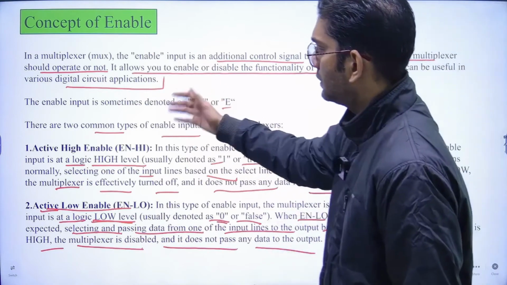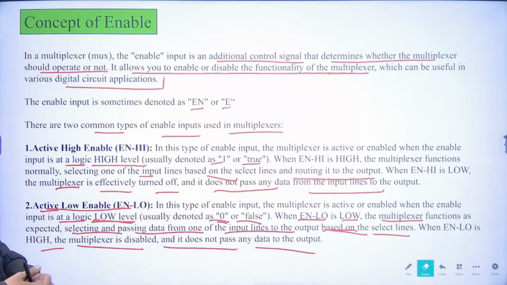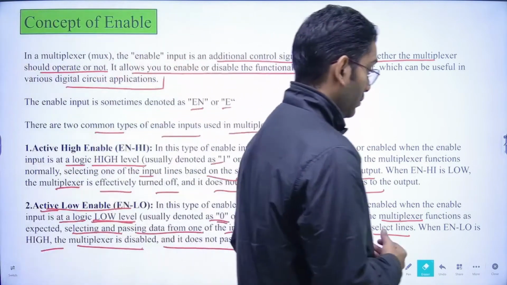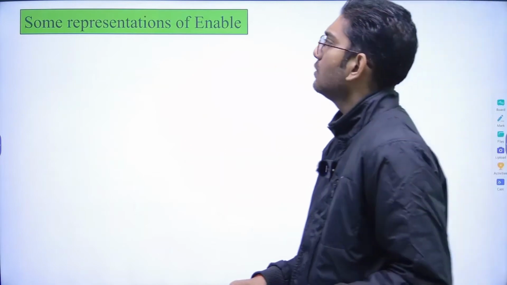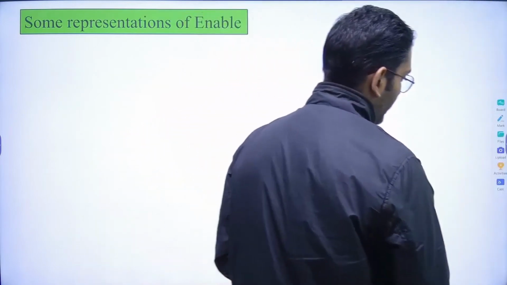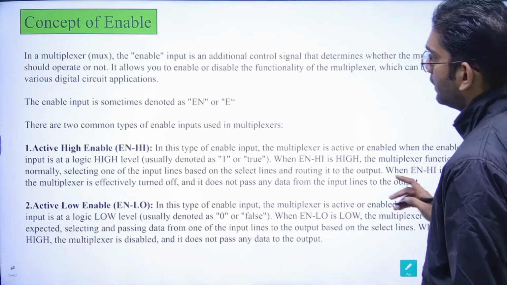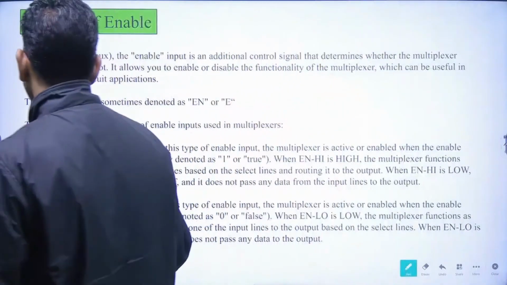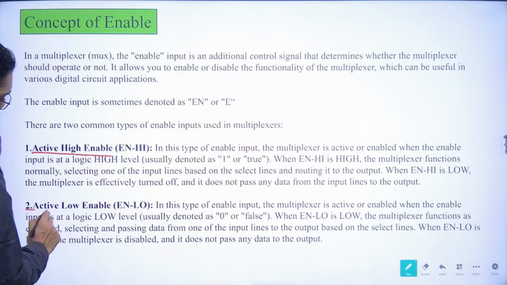So this is basically the active high enable and the active low enable. This is basically the concept of the enable. Next, coming to some representations of the enable. There are basically two types of enables: one is active high enable and the other is active low enable.